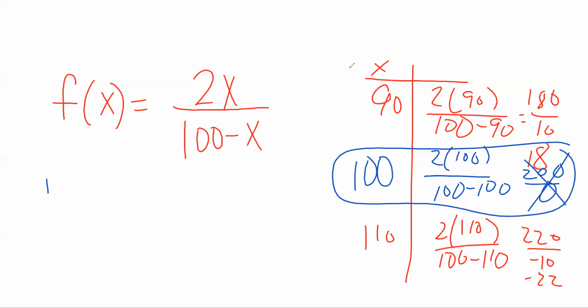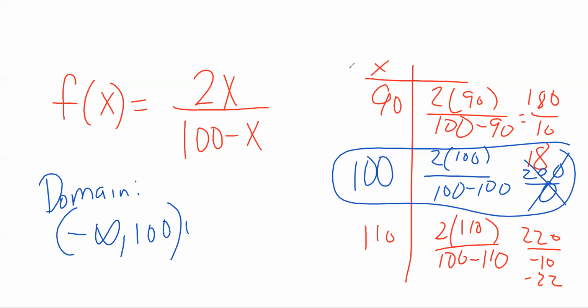So when you talk about the domain of a rational function, it's all x values such that x isn't 100. Now, a popular way of writing this domain is interval notation because that's a great way to vividly show that the domain consists of any x value other than 100.